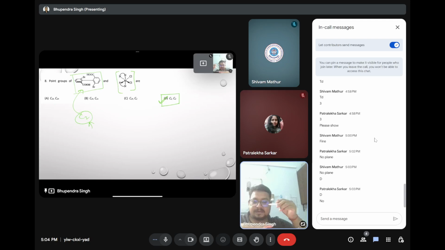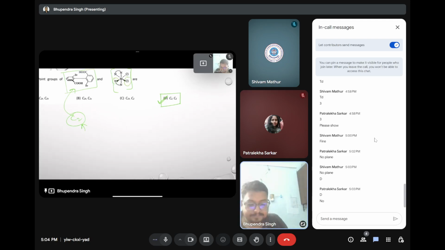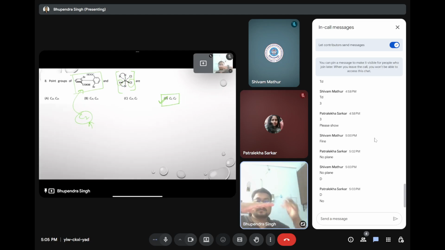Okay, this Cl and this N is above the plane. So M, N, and Cl is present, N is present, and below this plane, here the N is present at this position, here Cl is present.